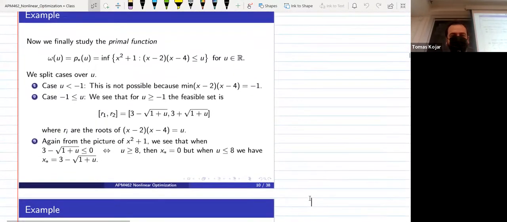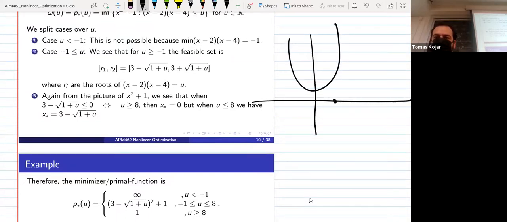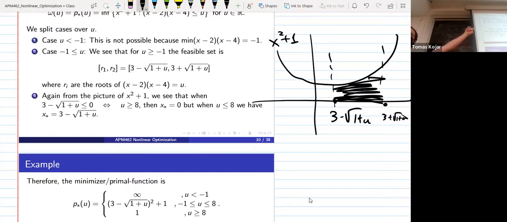But then in the other case, again from your graph, this is the feasible set. And in here again, what's the minimizer? Who's the minimizer for this function, x squared plus 1?